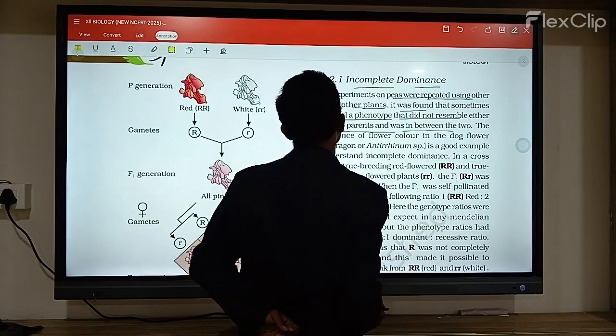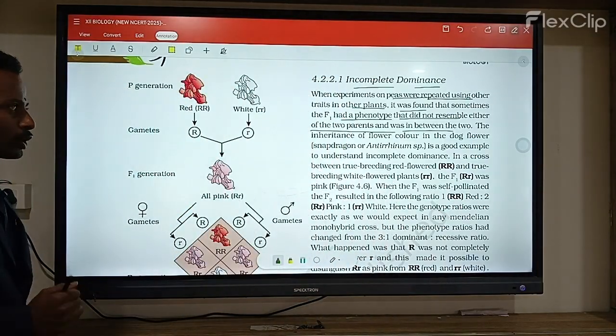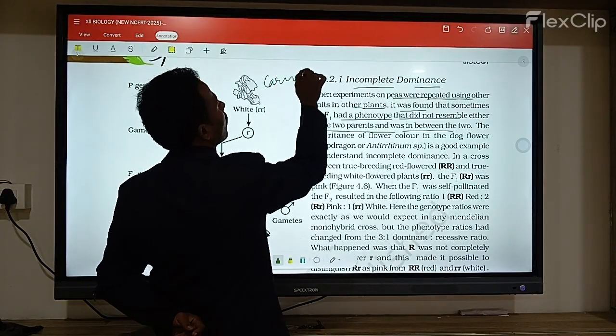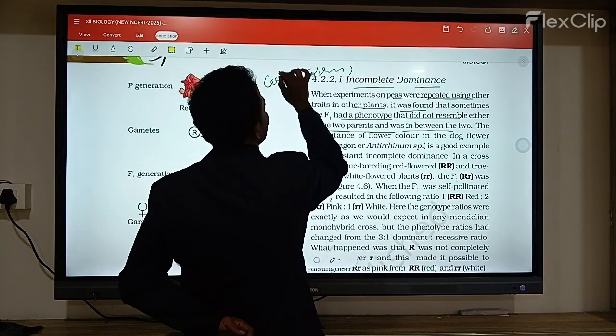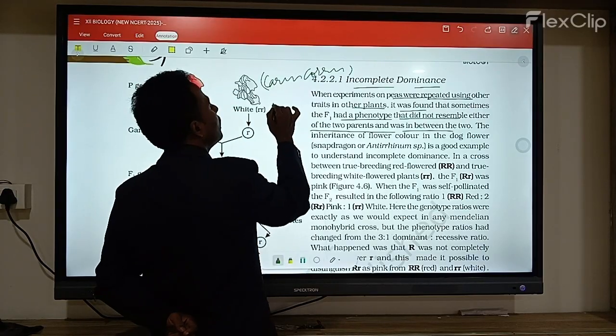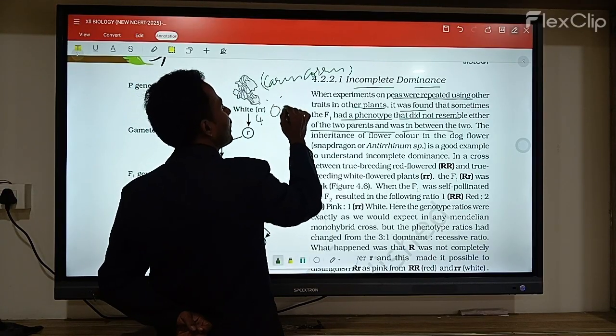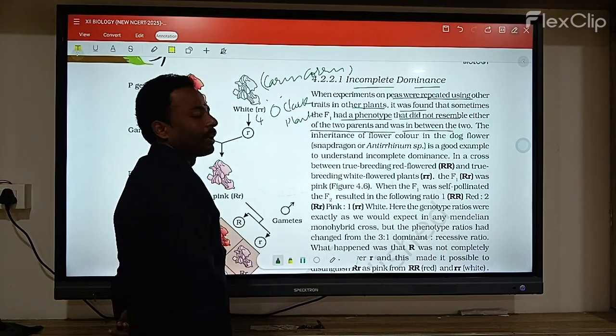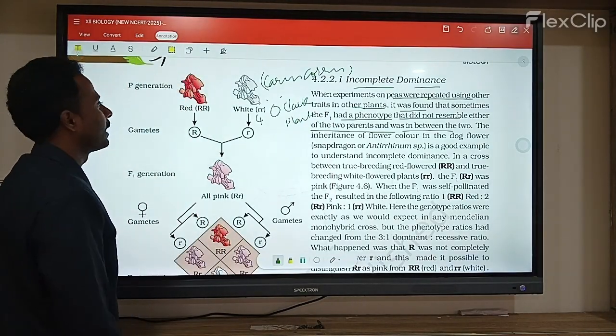The first discovery of incomplete dominance by a scientist was in Correns, in the four o'clock plant, which is also known as the snapdragon plant.